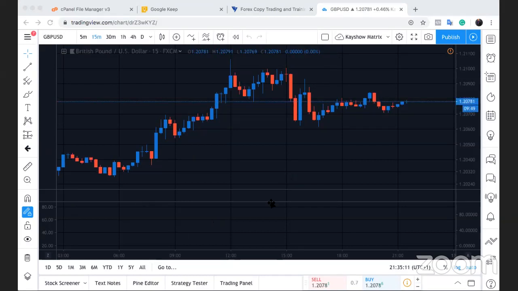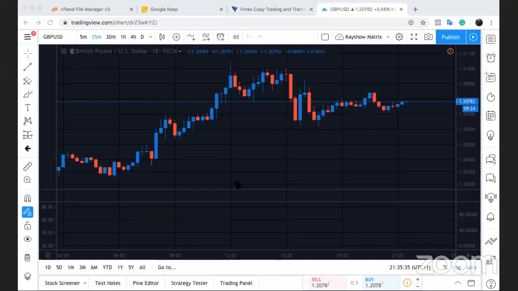So right here, you can see this is EUR USD. The currency on the left is called the base currency. The currency on the right is called the quote currency. And usually the base currency is the stronger currency. That's why it's on the left. It's called the base currency.